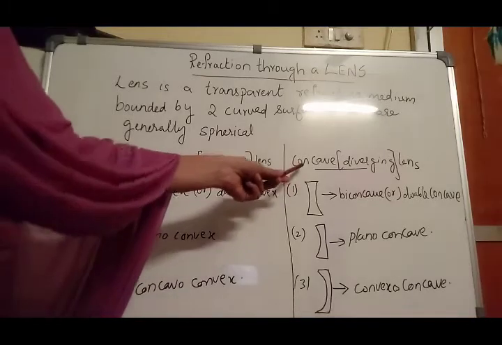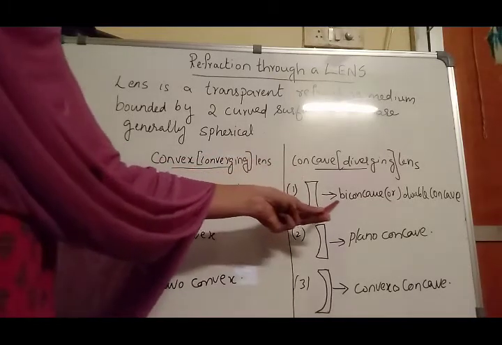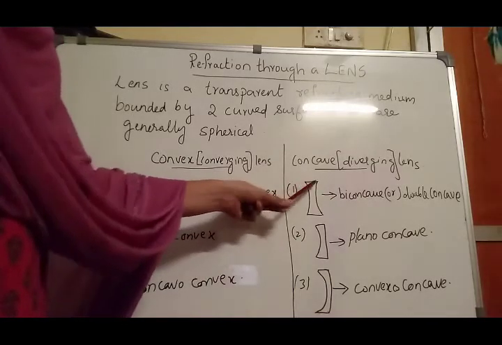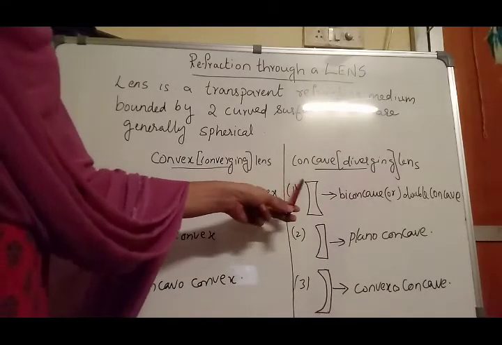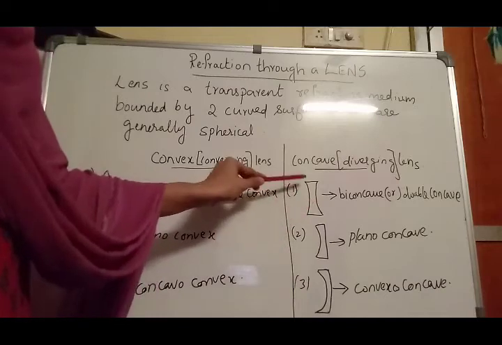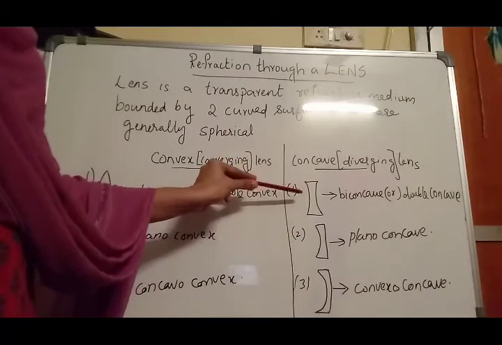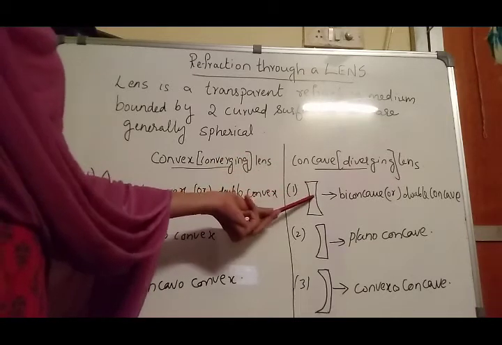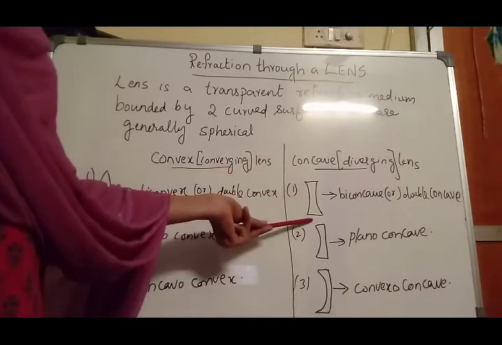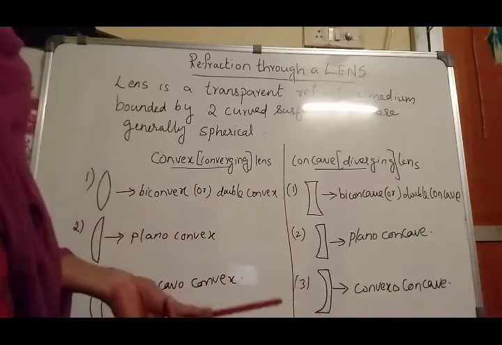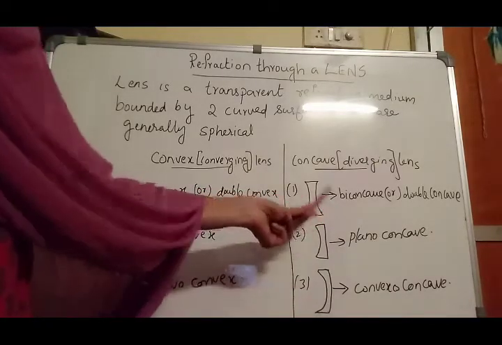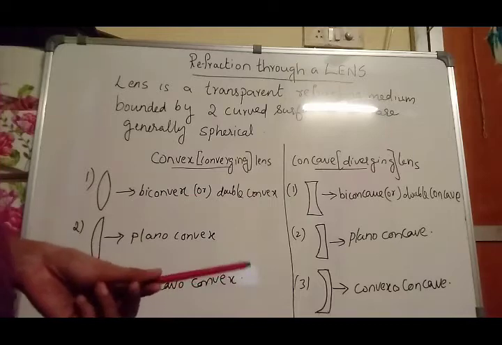Whereas in the case of concave lens, biconcave or double concave means that two regions are curved in nature, but the curvature is inward. It is not curved outward. So the middle portion will be thin and the peripheral portion will be thick for a concave lens. Both sides are concave in nature.